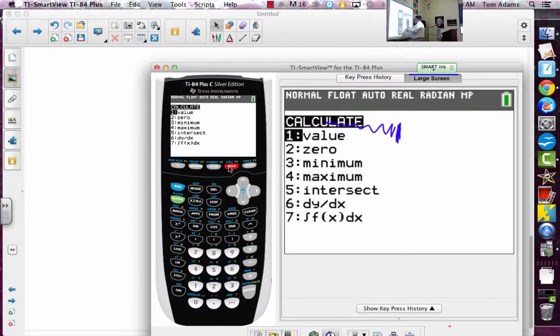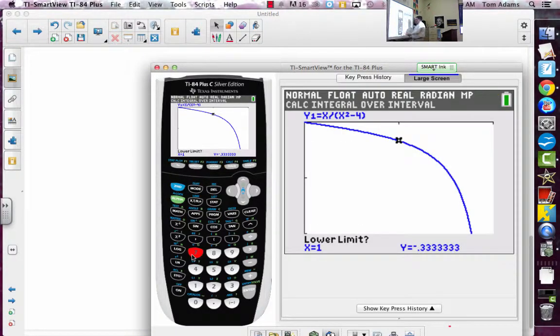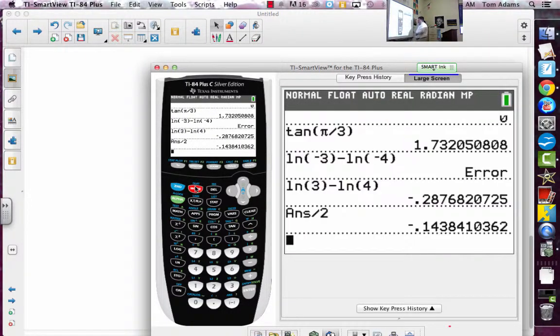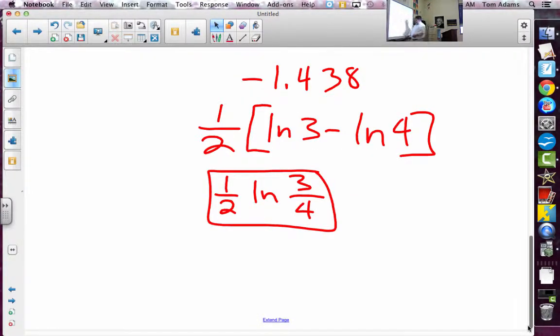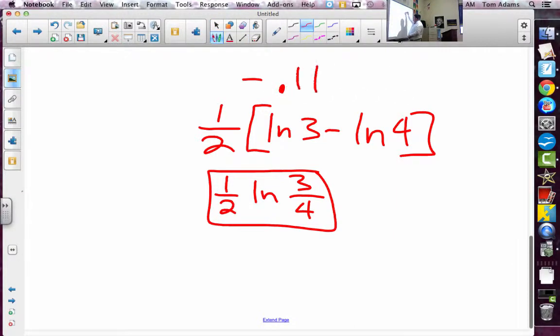If I choose option 7, my lower limit is 0, my upper limit is 1. As it shades in that region, negative, oh, I'm sorry, I got the decimal in the wrong spot. Negative 0.1438. I think that's how I had it calculated correctly. I just wrote it down wrong on the board. This should be 0.143.